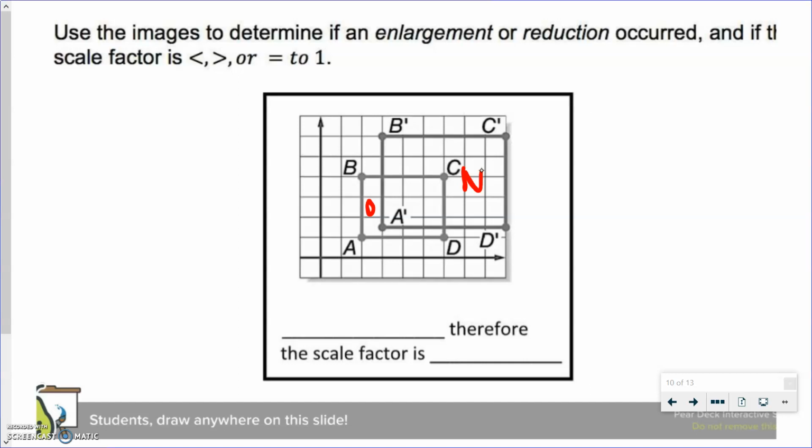So rectangle ABCD is smaller than rectangle A prime, B prime, C prime, D prime. So I know that this is an enlargement because it got larger. This is an enlargement. And since it is an enlargement, the scale factor is greater than 1. Okay? Greater than 1.